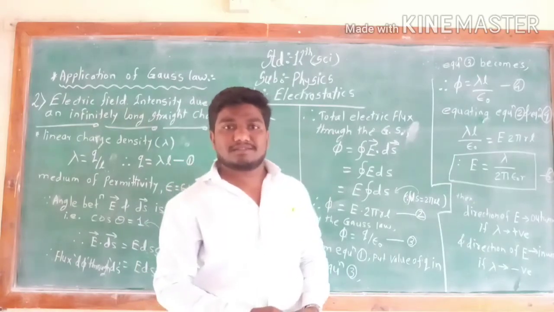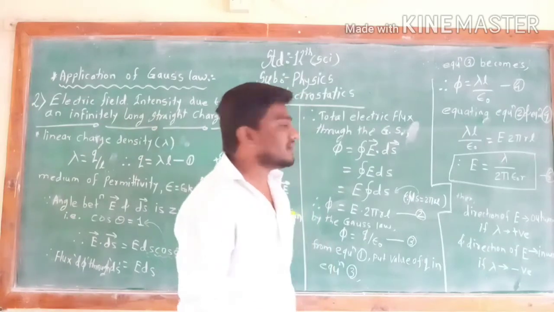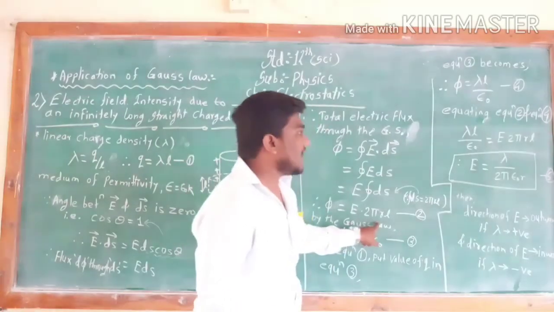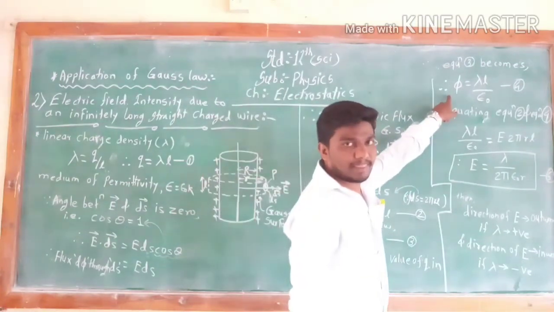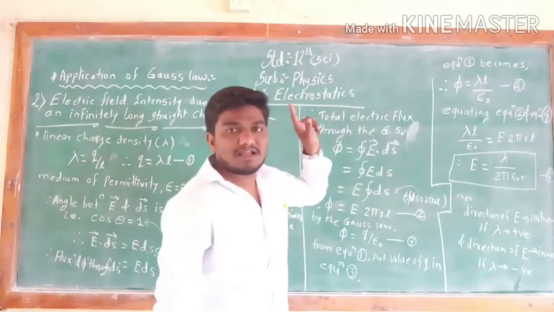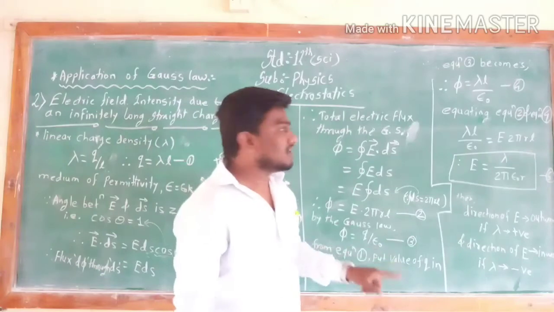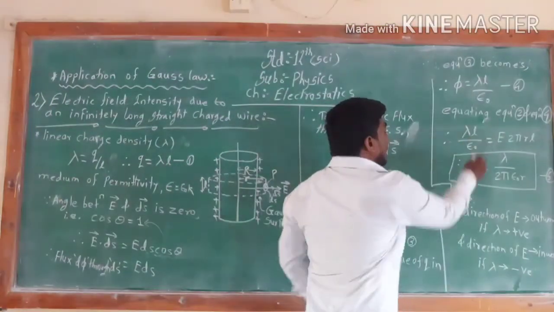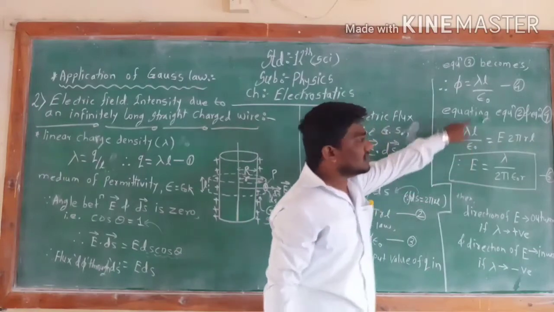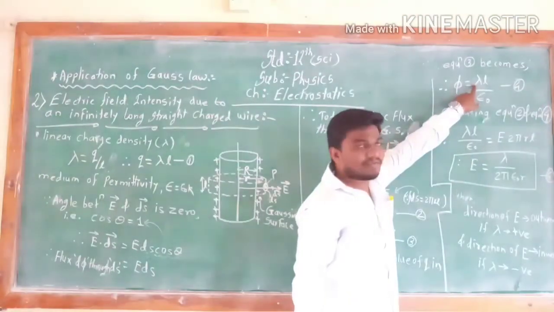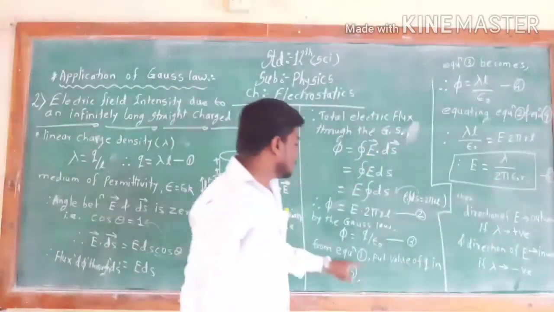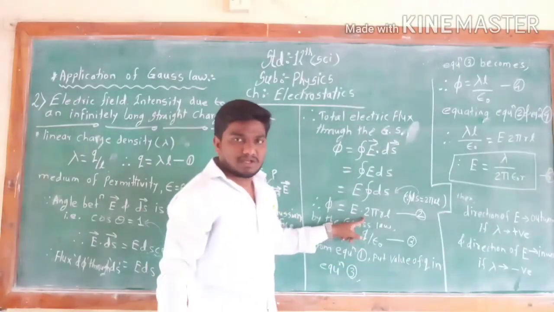Equating the LHS and RHS of these two equations, equation number 2 and equation number 4, which are both equations of phi. Therefore, equating both, we can write lambda L upon epsilon naught, the RHS of equation number 4, is equal to E 2 pi r L, the side of equation number 2.